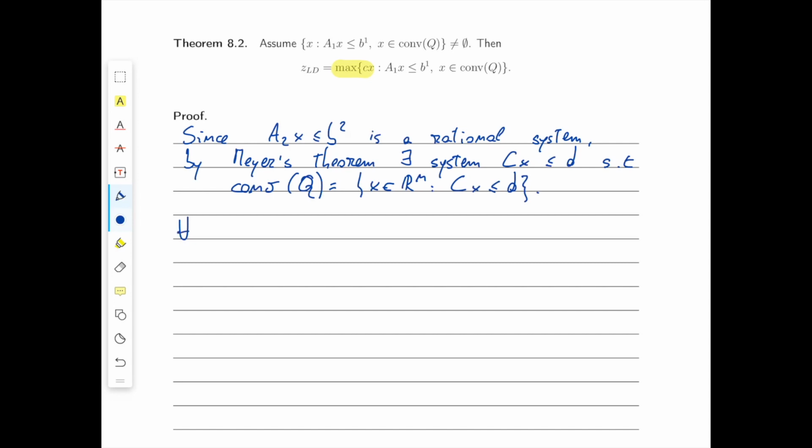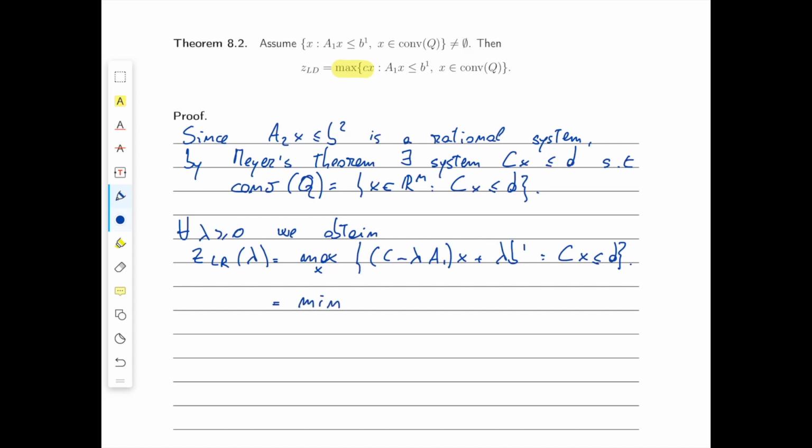So for every lambda greater than or equal to 0, we obtain ZLR lambda is equal to, by definition, the maximization problem with objective C minus lambda A1 x plus lambda B1 over the convex hull of Q, which we then write as Cx less than or equal to D. So now this definitely looks like a linear programming problem, so we can take the dual.